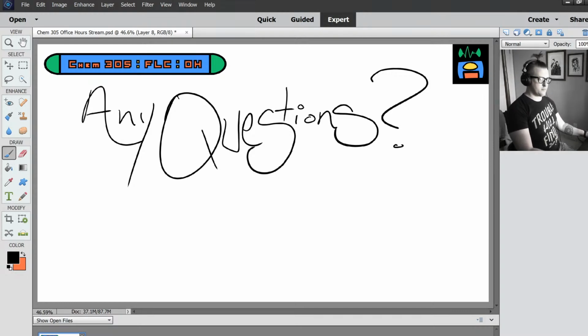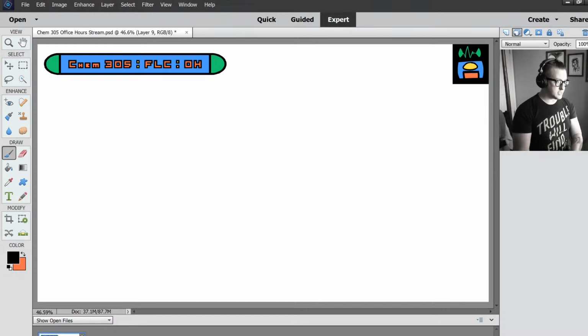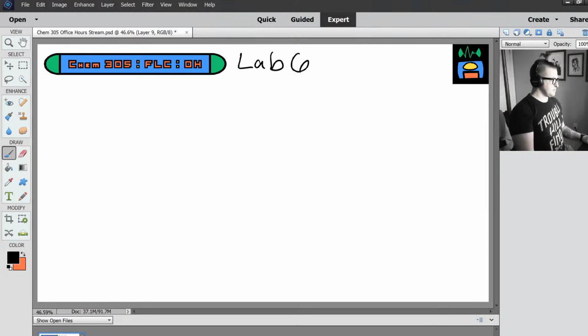Okay, so for original silver cations, this is Lab 6.